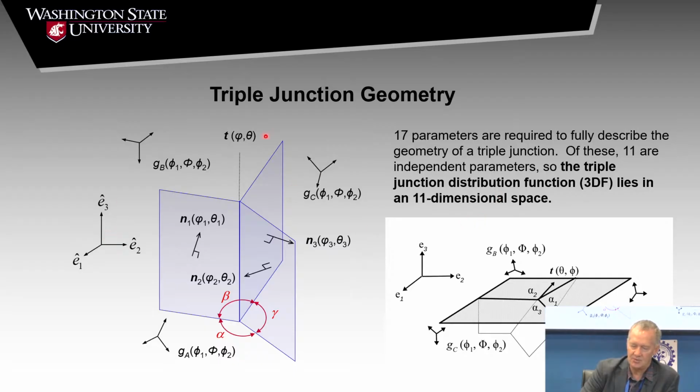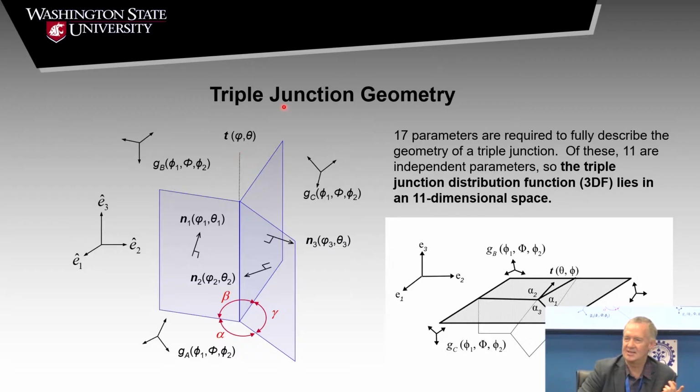Okay, so if we count up all of these parameters, we'll say, okay, 3 orientations with 3 parameters for each orientation. That's 9 parameters. 2 parameters for each boundary plane. That's another 6 parameters. And then we have 2 parameters for the triple line direction. That's 2 more parameters. So that's 17 parameters that triple line space is, right?